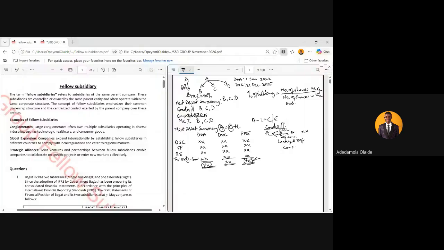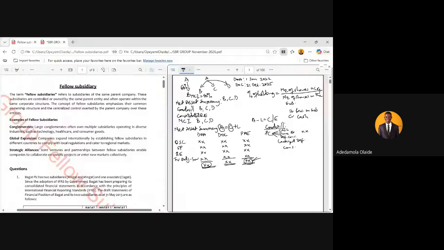The double entry for cash consideration would have just been what? Debit investment in subsidiary and credit cash, because cash is given. So you credit cash and you debit investment in the subsidiary, being the asset you use the cash to buy.